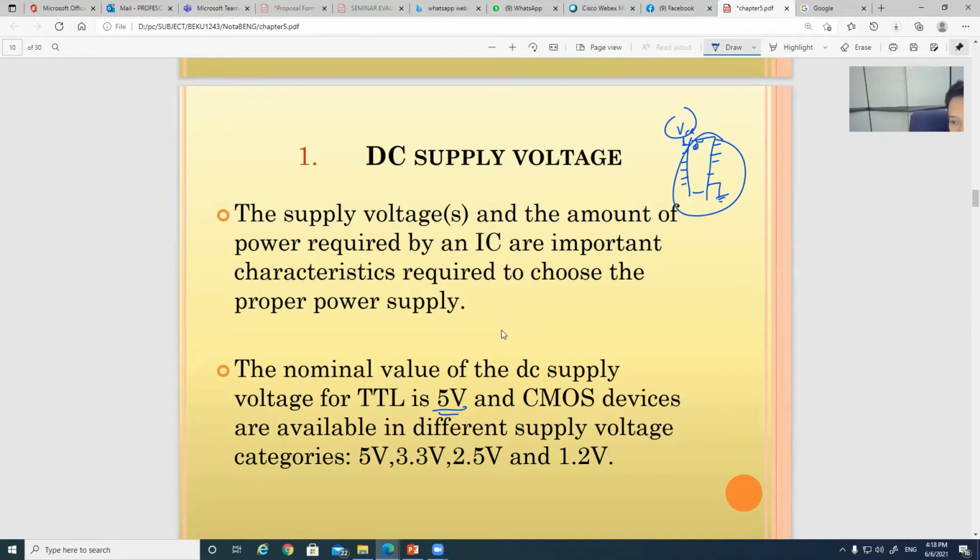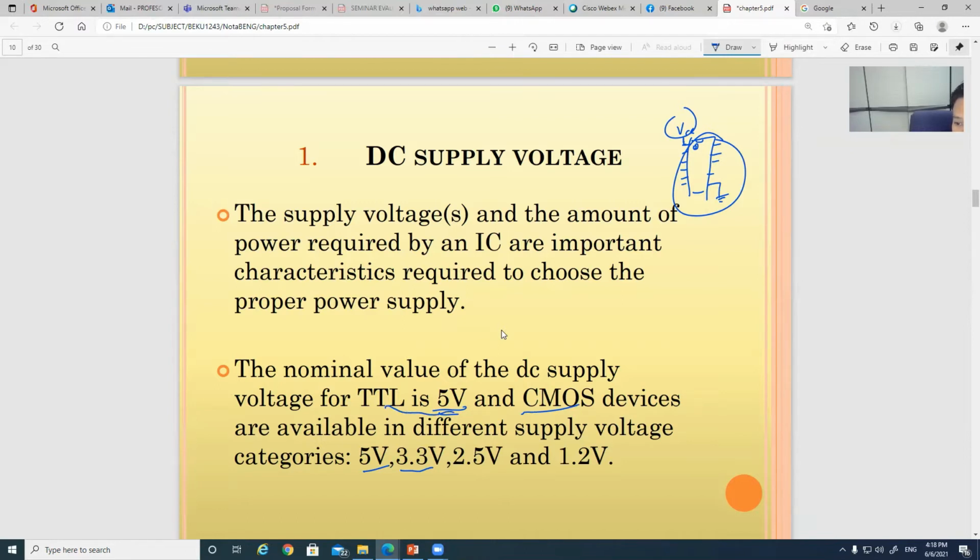And then CMOS devices are available in different supply voltage categories. For CMOS, you can find 5 volts, sometimes 3.3. That means if you use a 3.3 IC, our IC is CMOS. For TTL it is normally fixed at 5 volts.